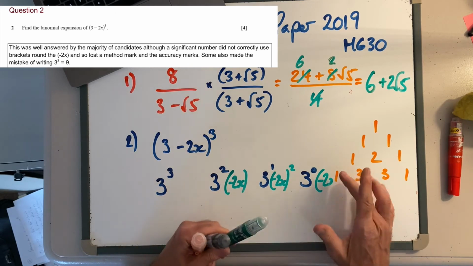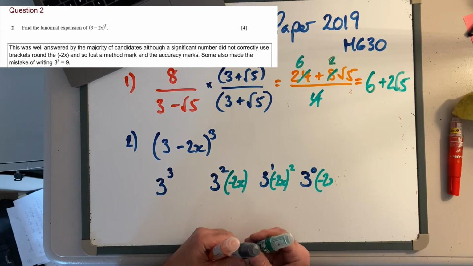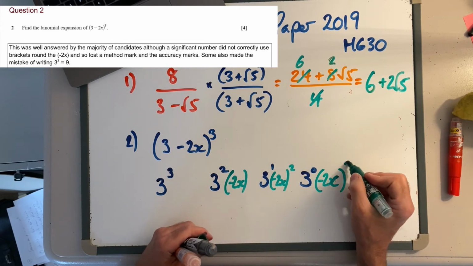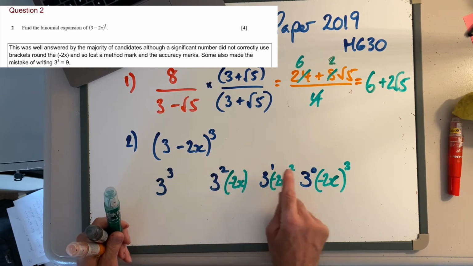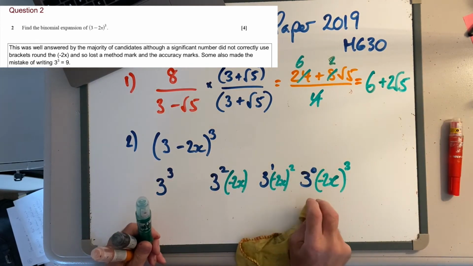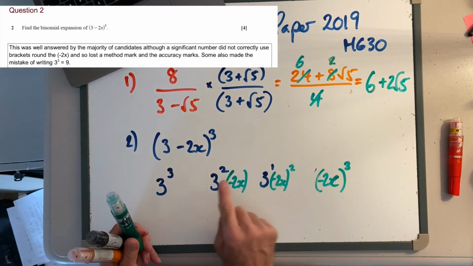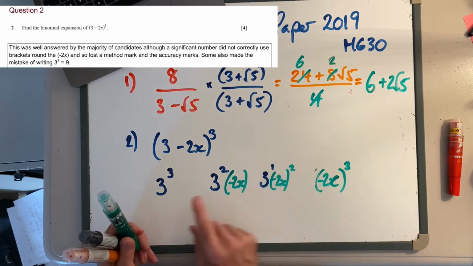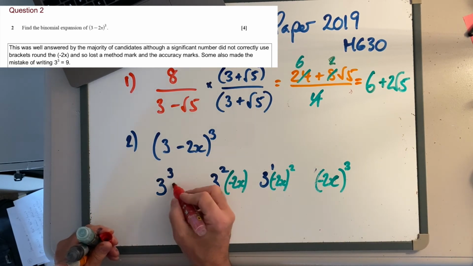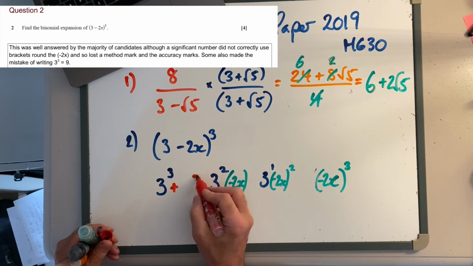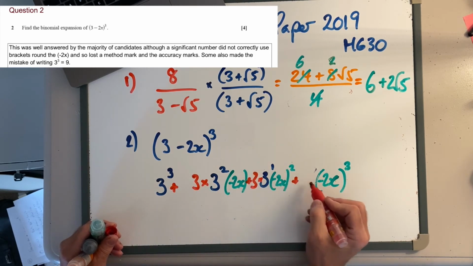Right, I'm going to have to move this. So here we go. That drops down 3, 2, 1, 0, and the other one increases as it goes up, 0, 1, 2, 3. Now the coefficients were 1, 3, 3, 1. So that was 1 times that, plus 3 times that, plus 3 times that, plus 1 times that.